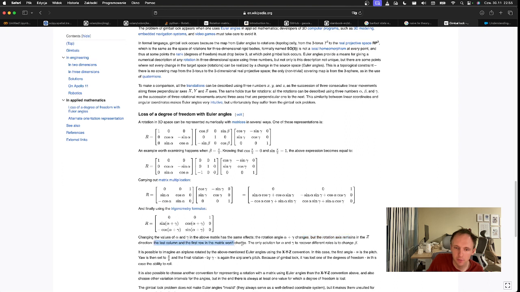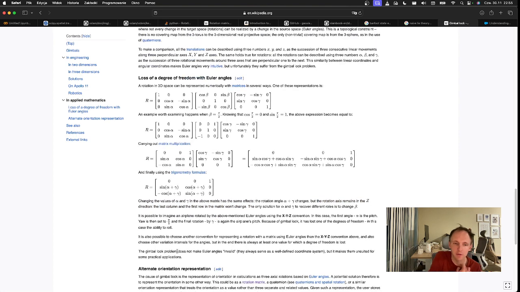So it's possible to imagine an aeroplane rotated by the above mentioned Euler angles. The first angle, alpha, is the pitch. The yaw. Oh, I see, right?